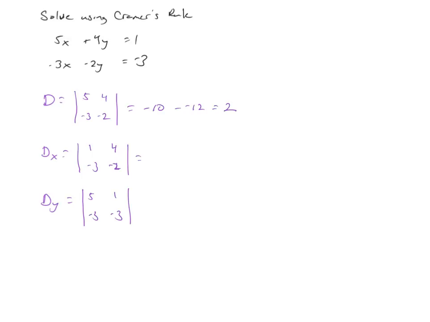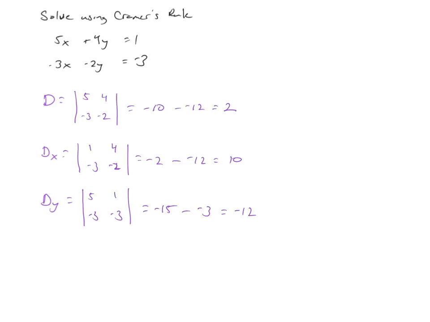D sub x is going to be negative 2. 1 times negative 2 minus negative 3 times 4 is negative 12, which is going to be negative 2 plus 12, which will be 10. And then D sub y is going to be 5 times negative 3 is negative 15, and minus a negative 3 times 1 is a negative 3. And so that's negative 15 plus 3, which will be negative 12.